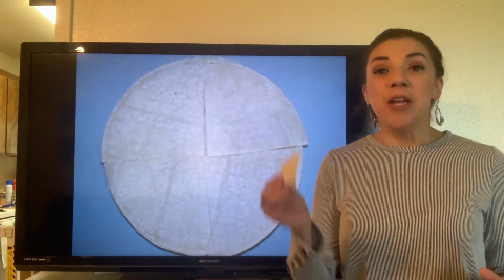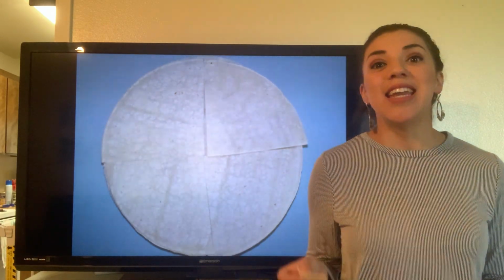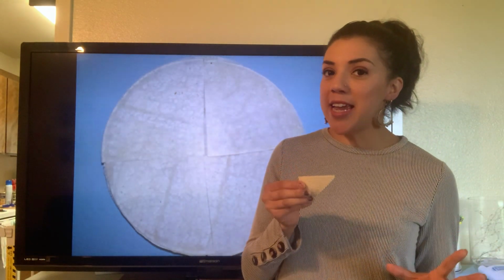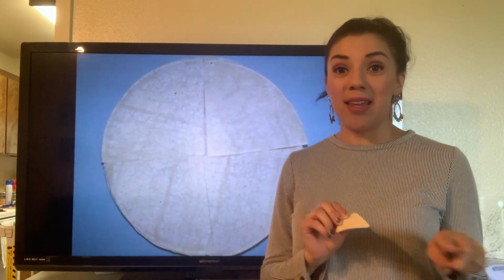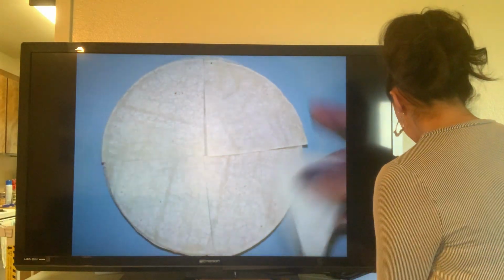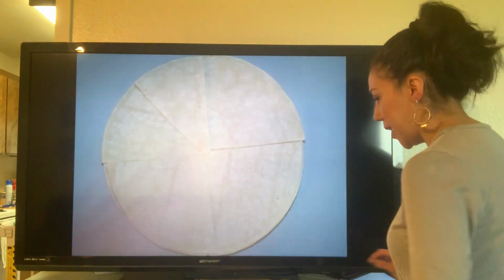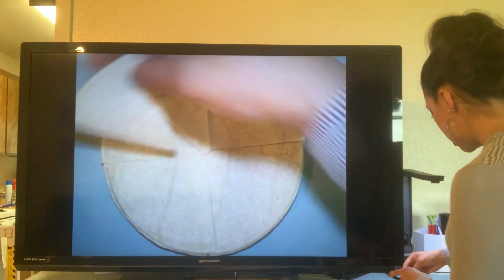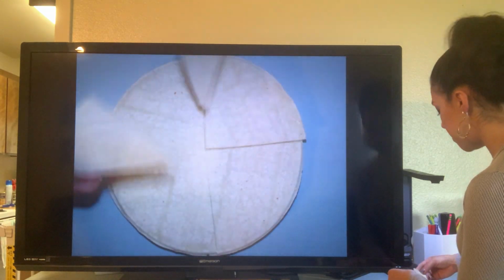So now Noah cut his fruit pizza into 8ths. If he cut it into 8ths, that means there has to be how many total pieces? 8. You're right. So let's see if 8/8 gives me a whole pizza. Oh, what do you know? 2/8 gives me a 1/4.